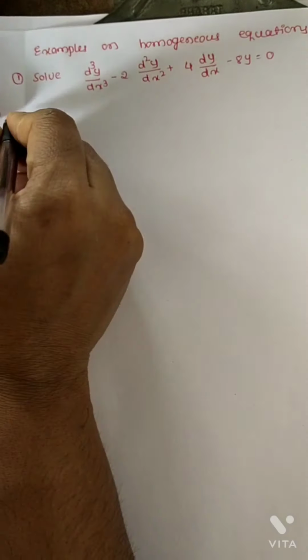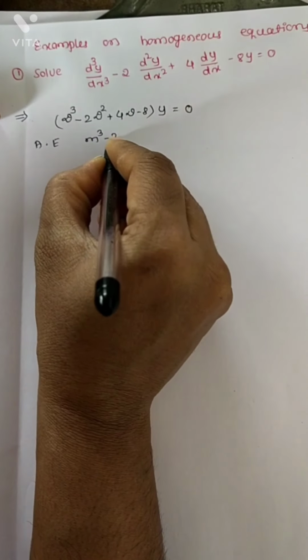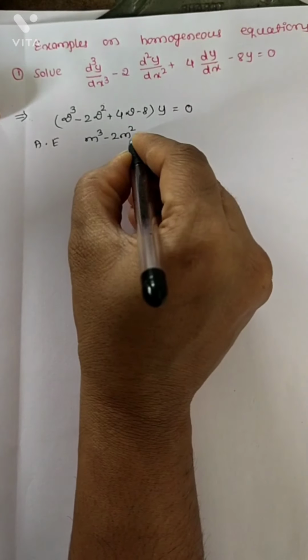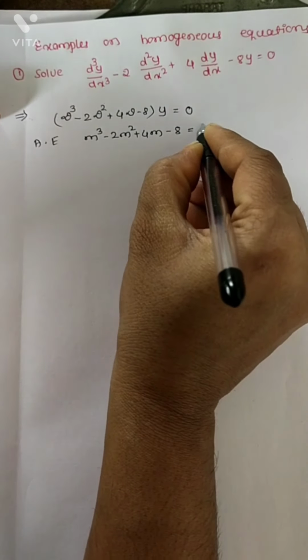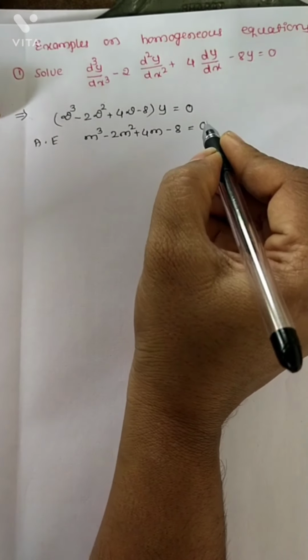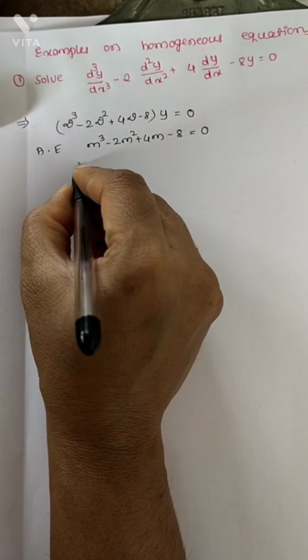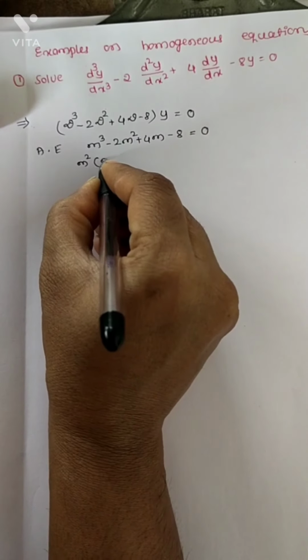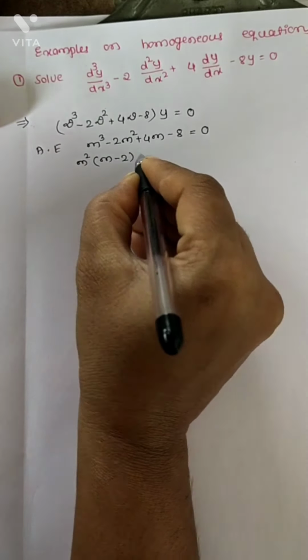Then we have to write the auxiliary equation, that is m cube minus 2m square plus 4m minus 8 is equal to 0. Now here directly we have 4 terms. We can take m square common and we get m minus 2. And here we take 4 common and we get m minus 2 is equal to 0.